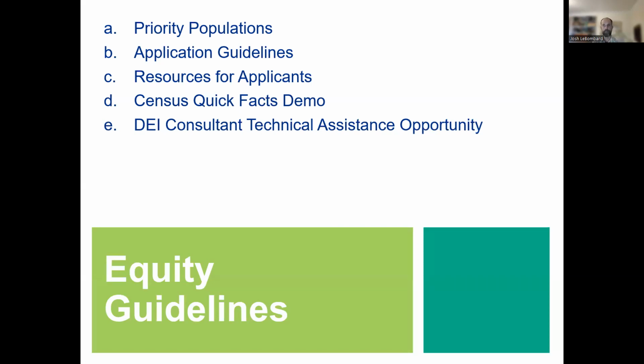But this biennium, we're really starting to put some more resources and time and energy into making this a substantial priority for our application. So I'm going to go over the priority populations, application guidelines, some of the resources for applicants, the census quick facts demo, and then DEI consultants opportunities.